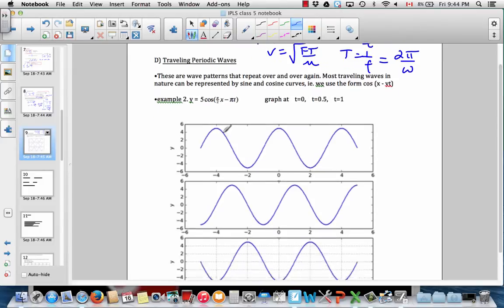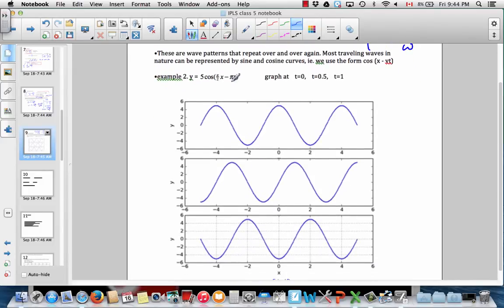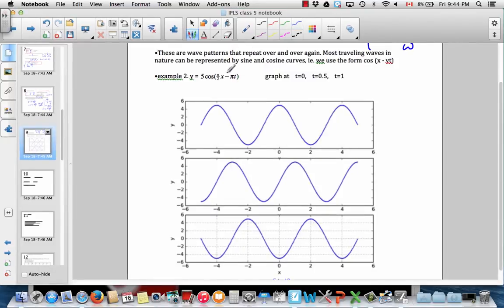So we want to show that this wave does what we expect it to do, and we want to investigate what each of these values represents. Now, this function's been graphed for us already at several times: time of 0, time of a half, and a time of 1 full second.